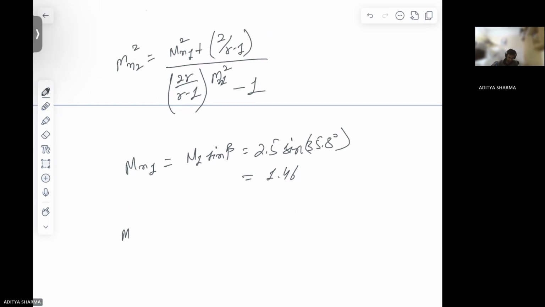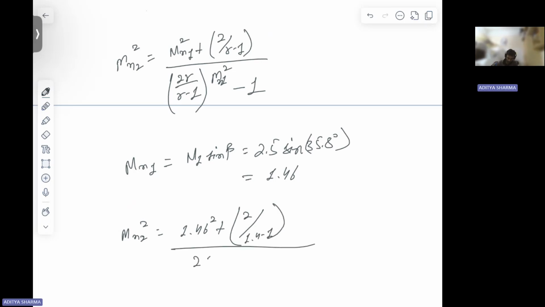Then Mn2 square is equal to 1.46 square plus 2 by 1.4 minus 1, divided by 2 into 1.4 divided by 1.4 minus 1 into 1.46 square, then minus 1.